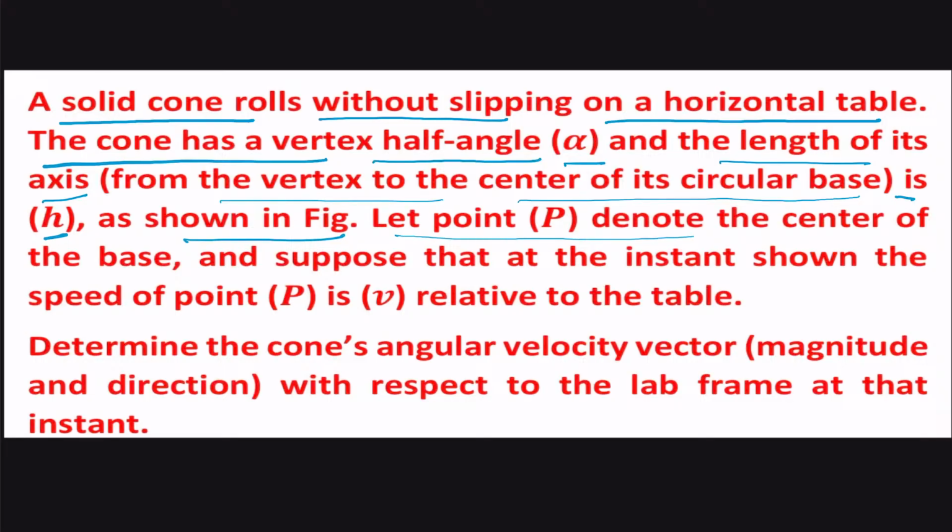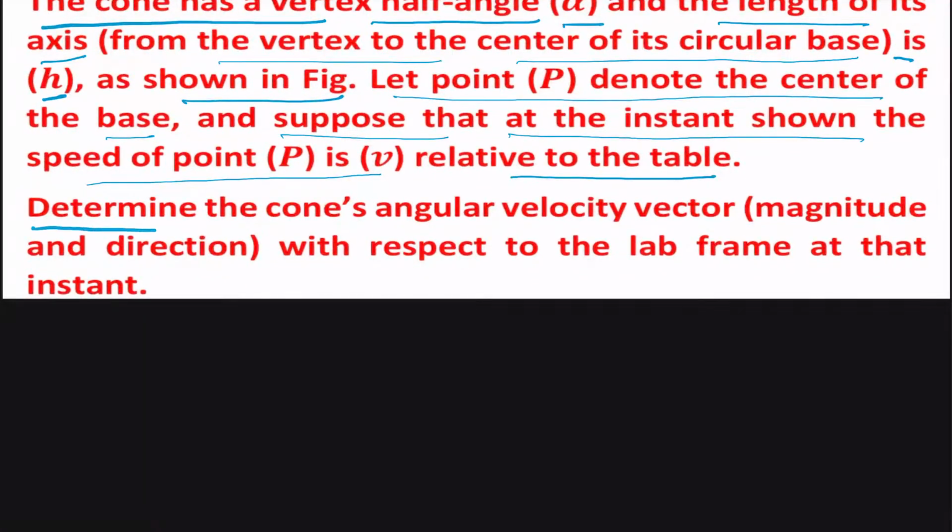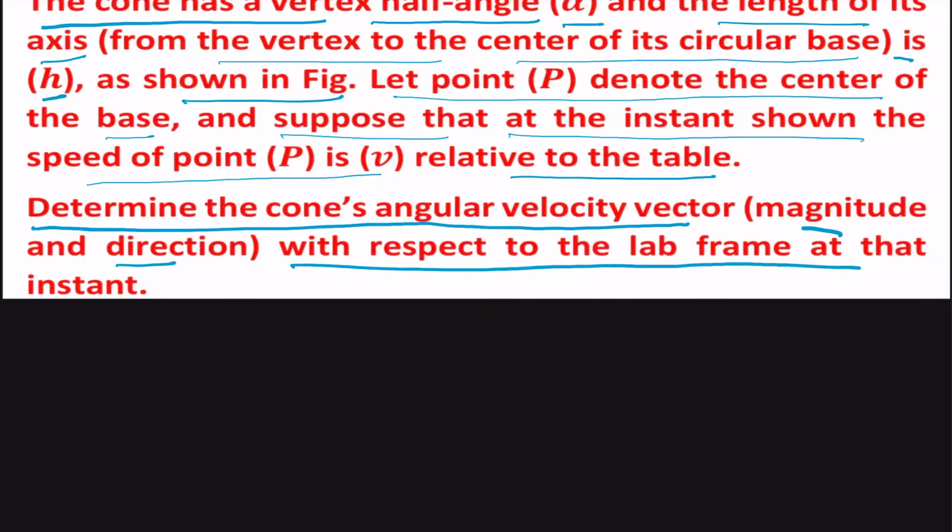Let point P denote the center of the base, and suppose that at the instant shown the speed of point P is v relative to the table. Determine the cone's angular velocity vector, magnitude and direction with respect to the lab frame at the instant.